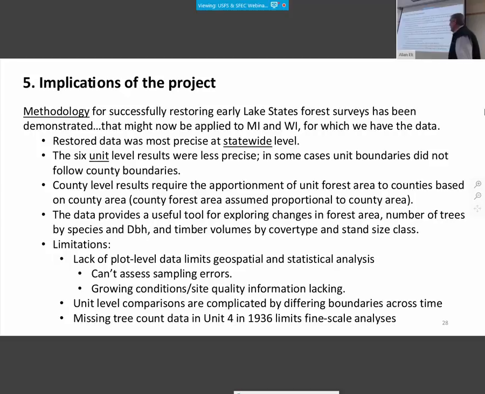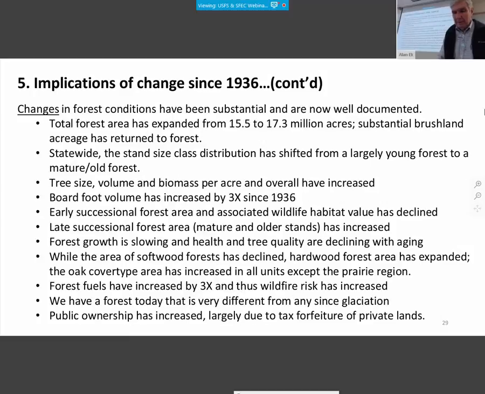And there weren't site index curves. There wasn't much site evaluation other than upland or lowland back then. And this Unit 4 problem with the missing tree count data, we've scoured the terrain and we just can't find that data.